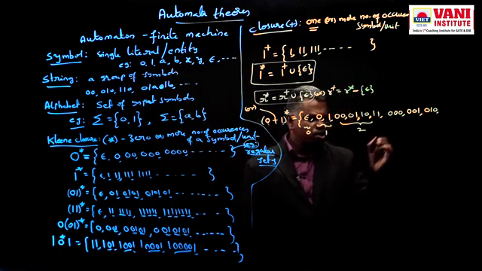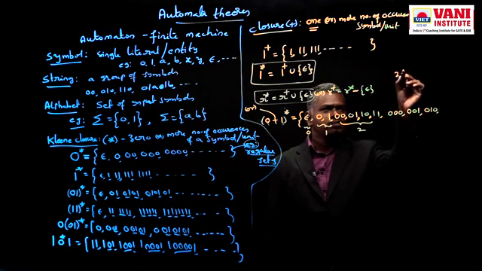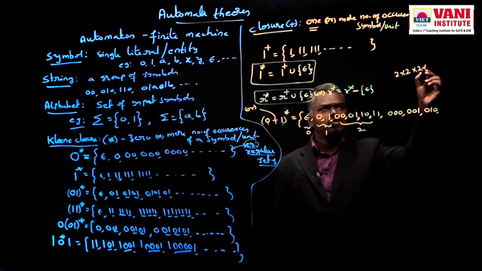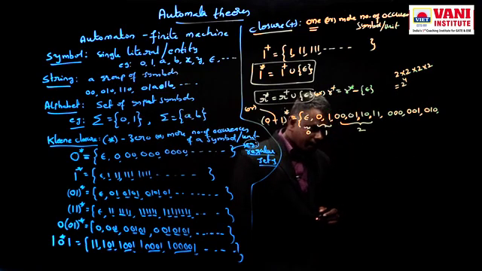Suppose your number of locations is 4 and every place can be filled with 2 items. The first place can be filled with any one of the 2, the second place also, and the third, fourth, fifth place and so on. As many places as you have, that many binary strings you will have.